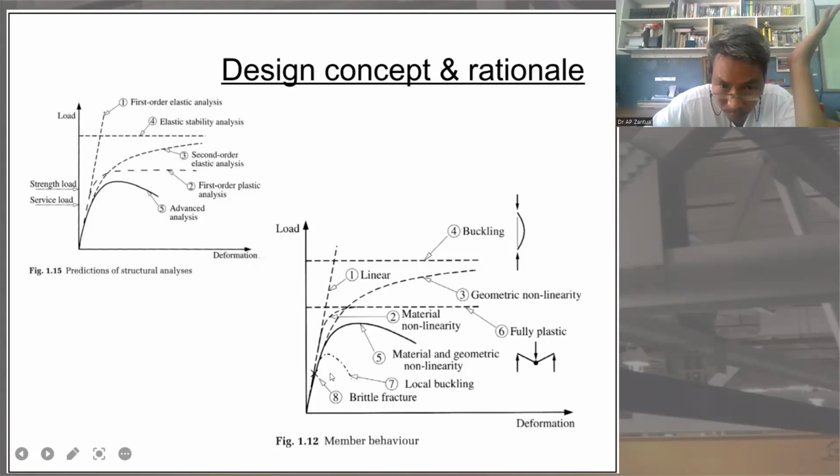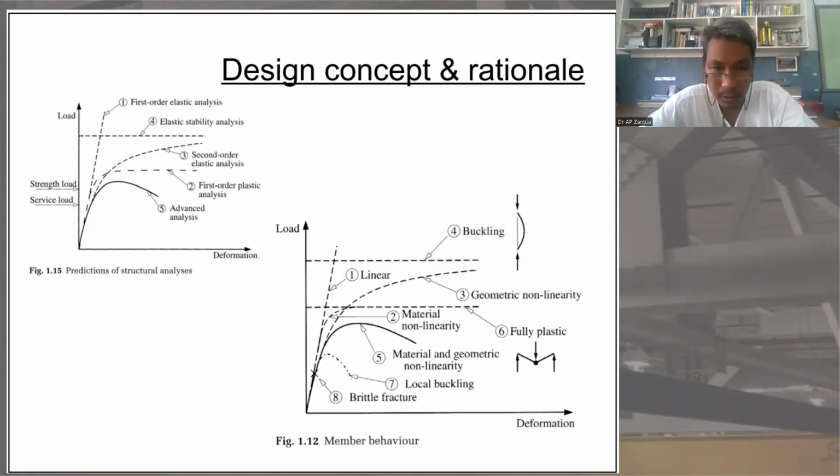So this point of deformation. After additional deformation, after this point, our prediction will be incorrect, and therefore may result in failure of the structure. Because of incorrect computation, incorrect analysis.